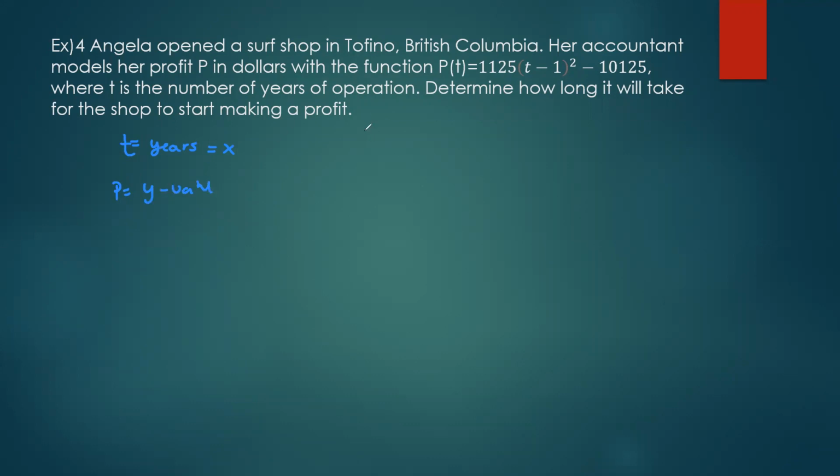And they tell us a quadratic function P of T. And what else do we know about this? So this is in vertex form, right? And is this concave up or concave down? It's concave up because the A value is positive 1125.